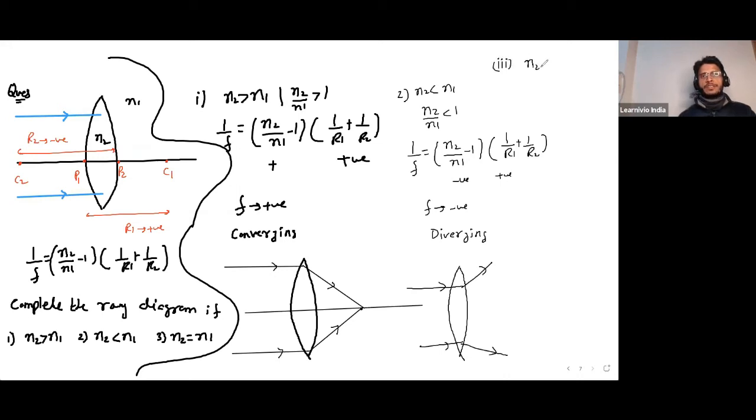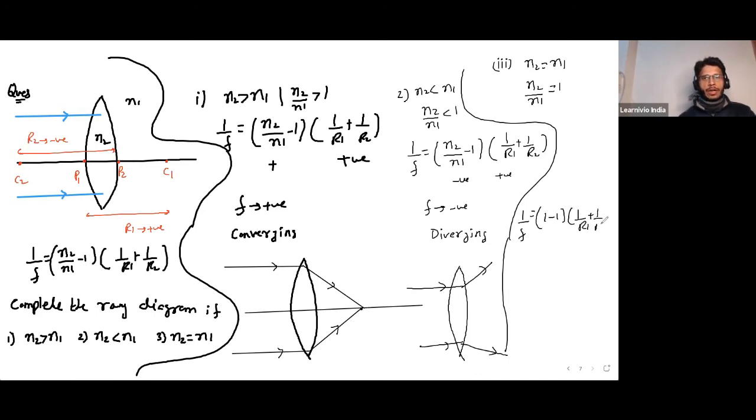Now, the third part. If n2 is equal to n1, this means n2 by n1 is equal to 1. Then 1 by f is (1 minus 1) into (1 by R1 plus 1 by R2). So 1 by f is 0, and your focal length is infinite.